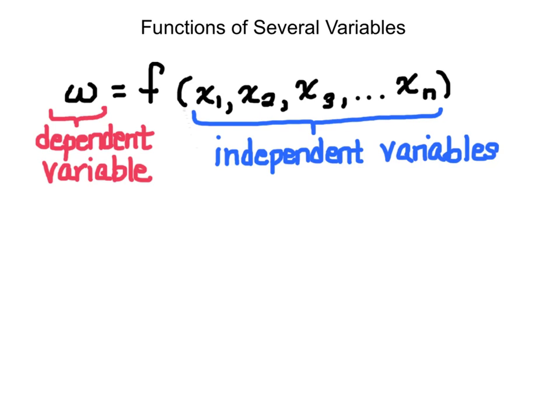Our independent variables here are our input variables. These are input into the function, and our dependent variable w is our output variable.